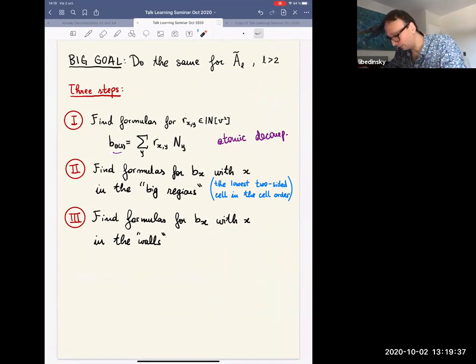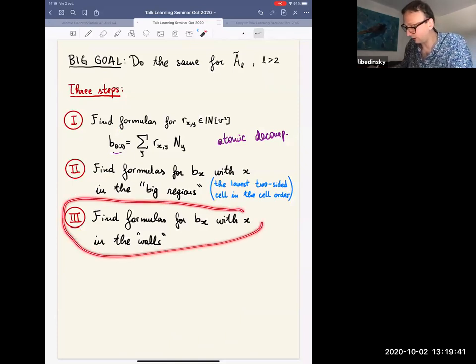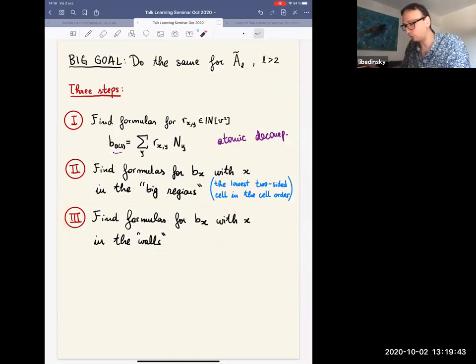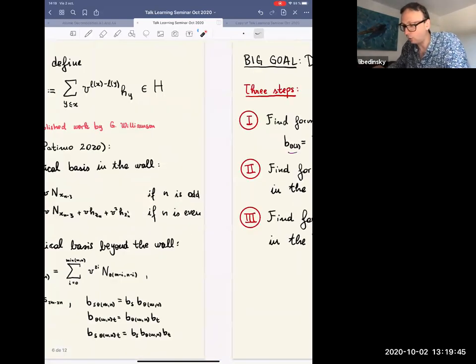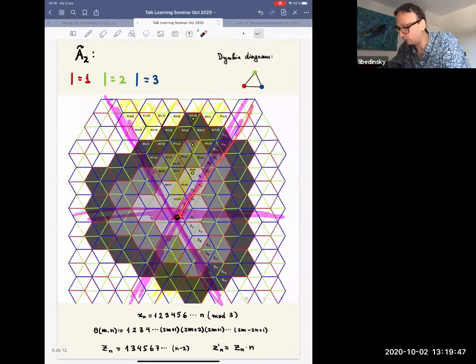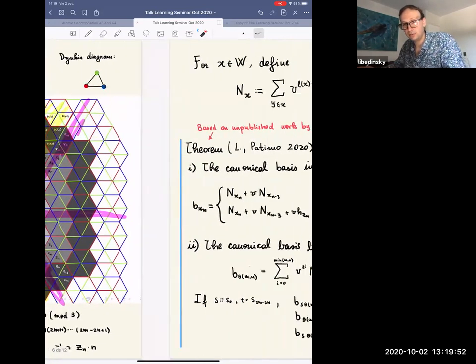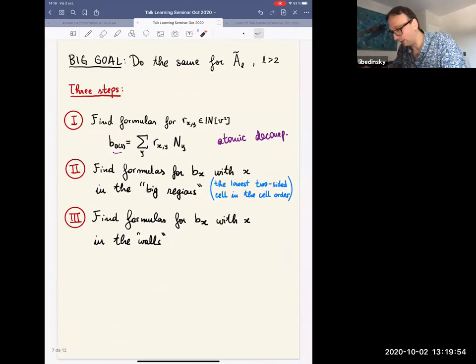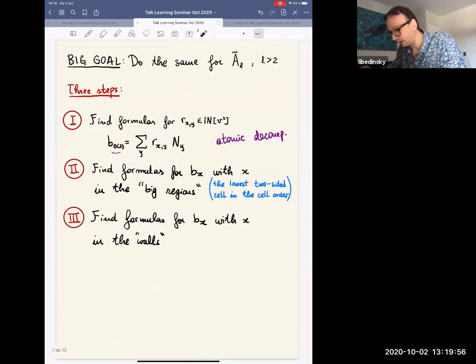And the third part, which is really interesting and difficult, is to find formulas for Bx with x in the walls. So the walls is everything else, like here would be this. Well, that's our goals.